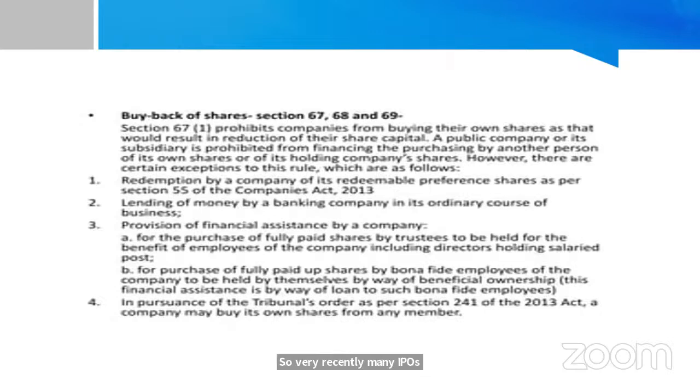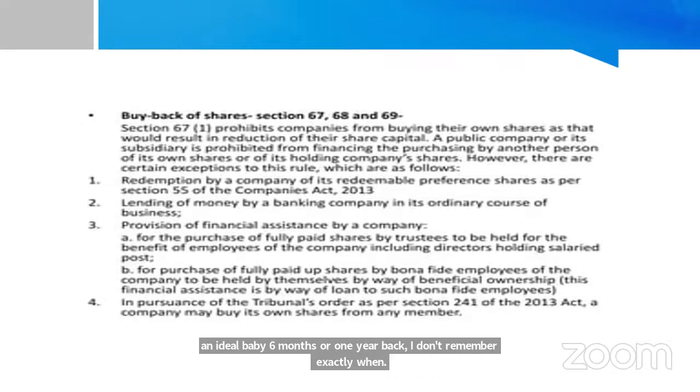One of the striking IPOs, which I hope those who follow the financial markets know, is from this company called Adani. I think Adani Wilmar had come out with an IPO maybe 6 months or 1 year back. I don't remember exactly when.